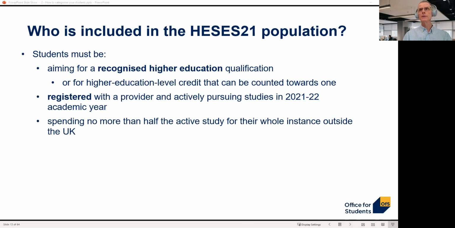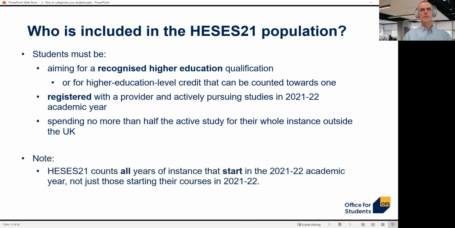One thing I'm going to mention here, because I was chatting with somebody a few months ago, and they were under the misapprehension that HESES is only for people starting their studies. It is not, it's for all years of instance that start in 21-22, not just those starting their courses in that time.